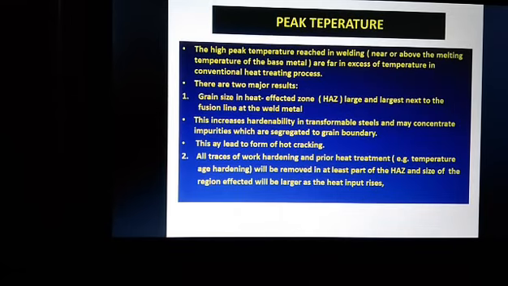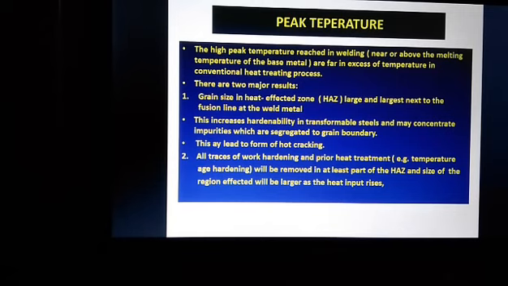Peak temperature. The high peak temperatures reached in welding, near or above the melting temperature of the base metal, are far in excess of temperatures in conventional heat treating processes. There are two major results. Grain size in the heat affected zone is large, and largest next to the fusion line at the weld metal.